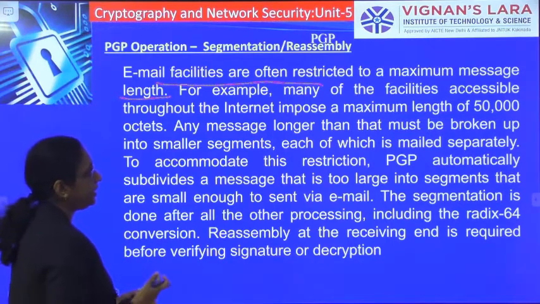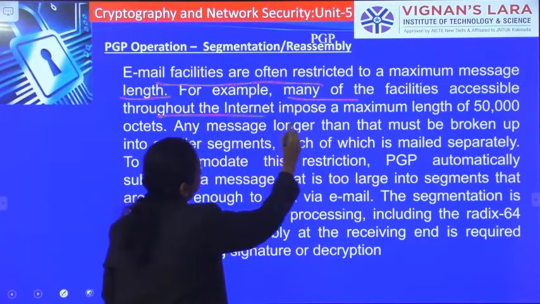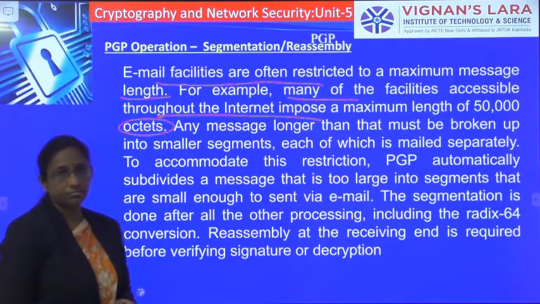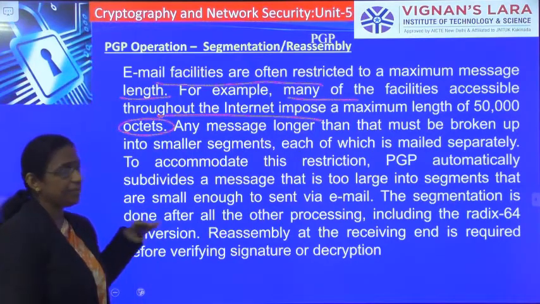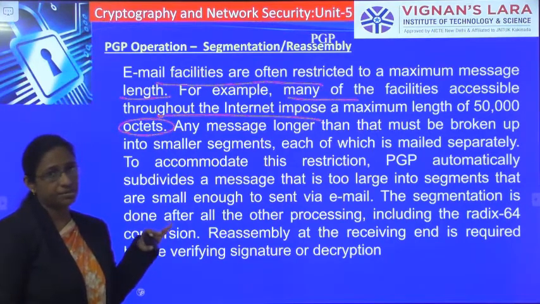For example, many of the facilities accessible throughout the internet impose a maximum length of 50,000 octets. That means there is a limitation on the size of the message to be transmitted.